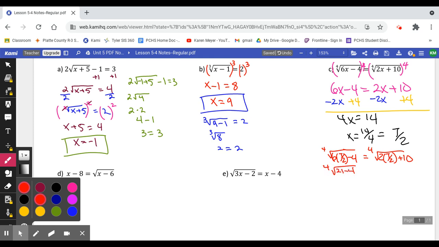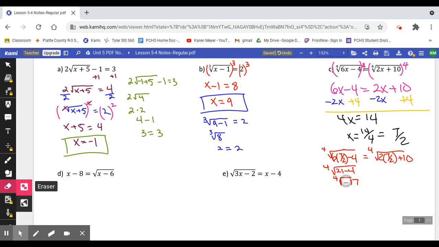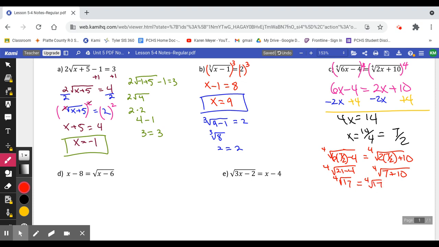And 21 minus 4 will give me the fourth root of 17. On the other side, 2 times 7 is 14. Half of 14 is, sorry, 7. And 7 plus 10 is 17. So fourth root of 17 equals fourth root of 17. So heck yeah, mine checks out. 7/2 is the answer.